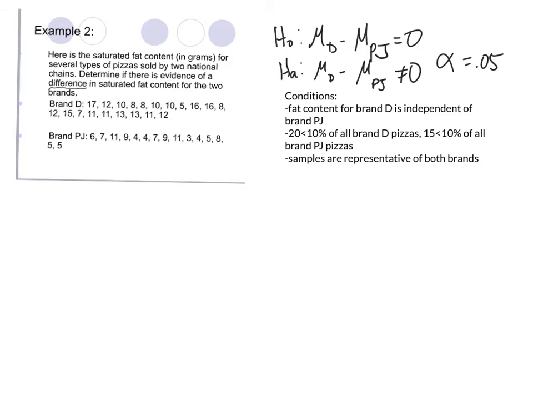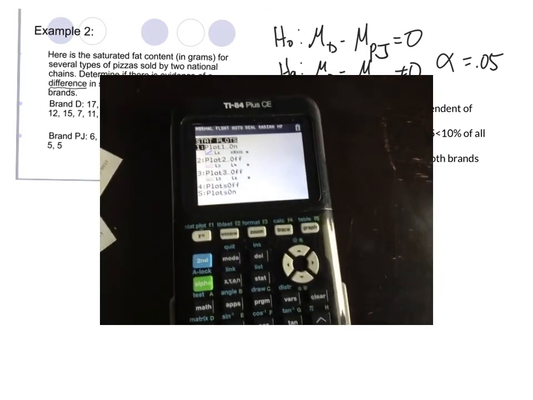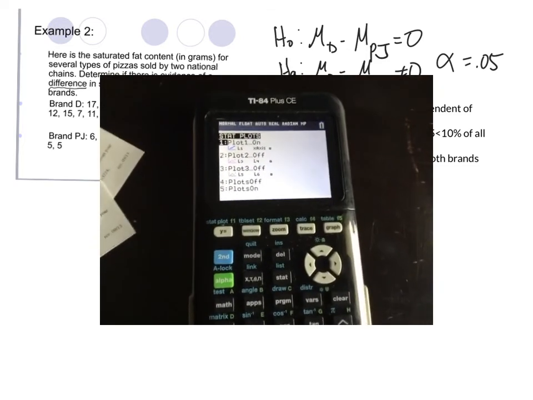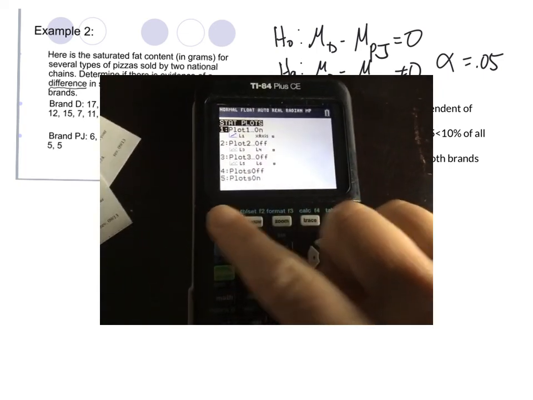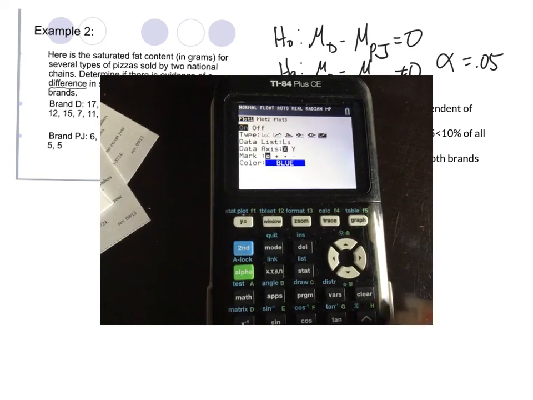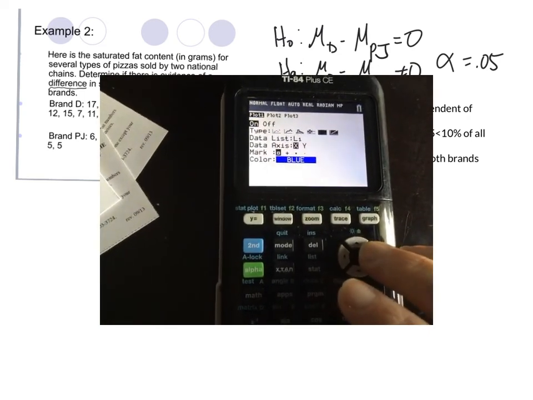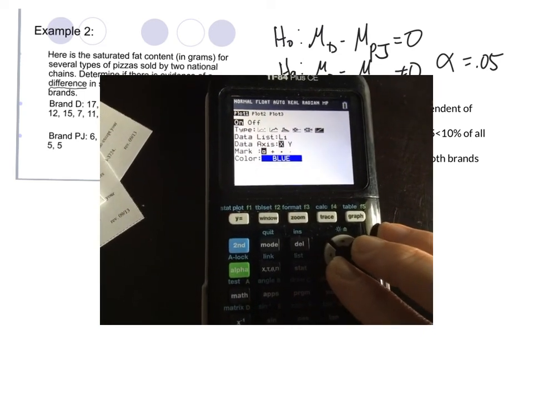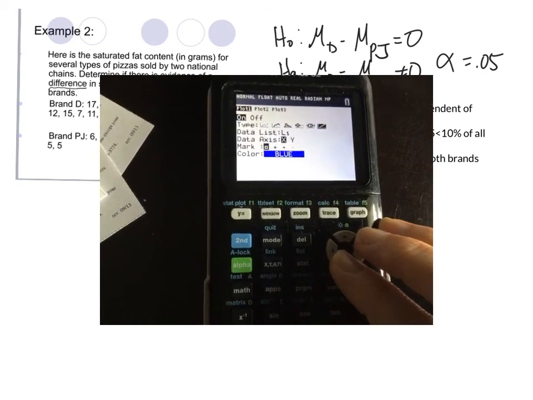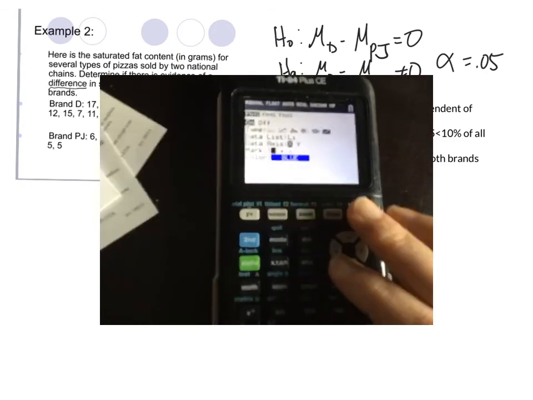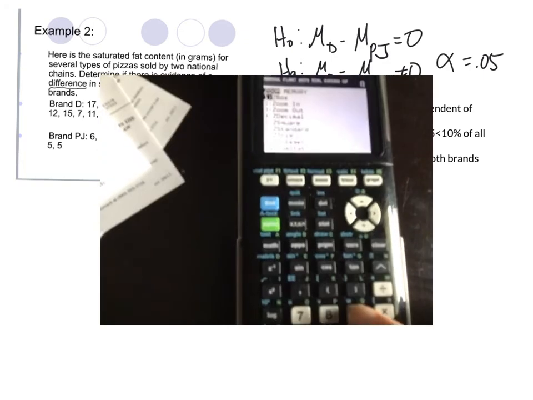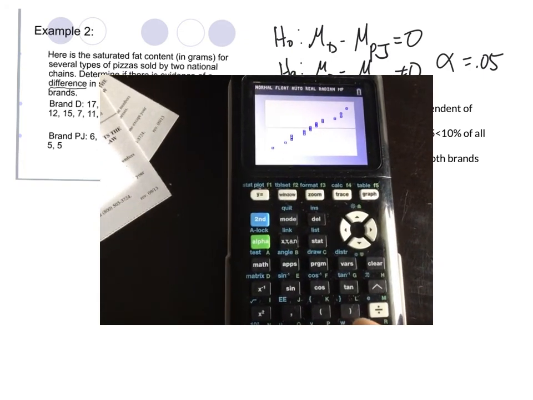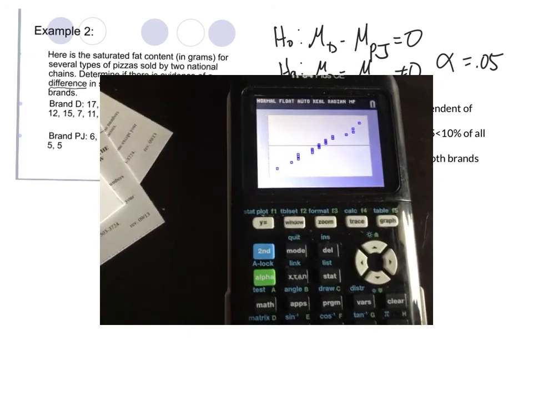So I'm going to add in a video here. Okay, so we're going to our second stat plot. Turn my plot on. This one here is my normal probability plot. My first set of data is list 1, and then I'm going to zoom 9, which is zoom stat, and that looks pretty straight.